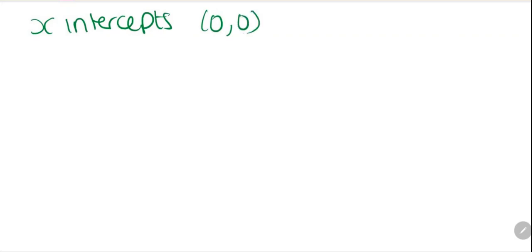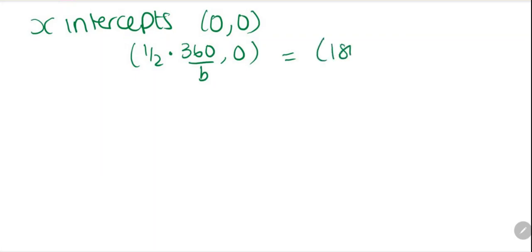Okay, so if we were to draw this ourselves, to find the y-intercept, the x-intercepts, this is the sine graph, so it's 0, 0. We will use a half multiplied by 360 divided by b for the x, and for the y coordinate we will have 180, 0.